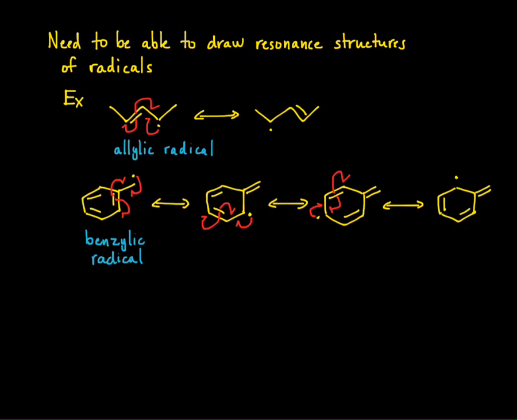These are 4 resonance structures of the benzylic radical. Now each one of these resonance structures is not the same in energy. The one on the left is the most energetically favorable, but because of the delocalization of that radical electron, we see that the benzylic radical can be stabilized in this way. Again, this is going to become very important later on.